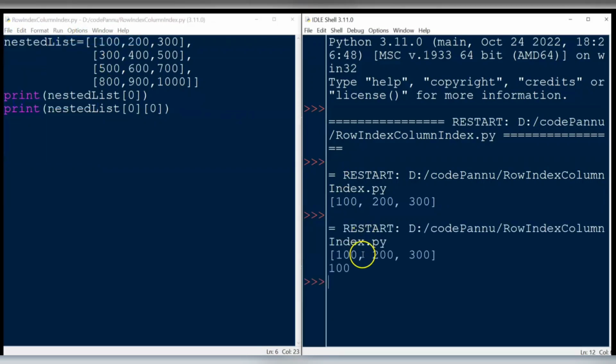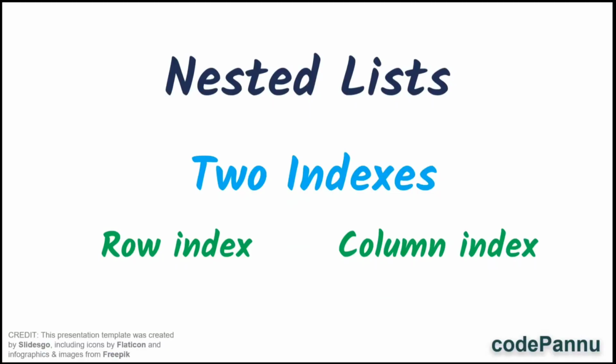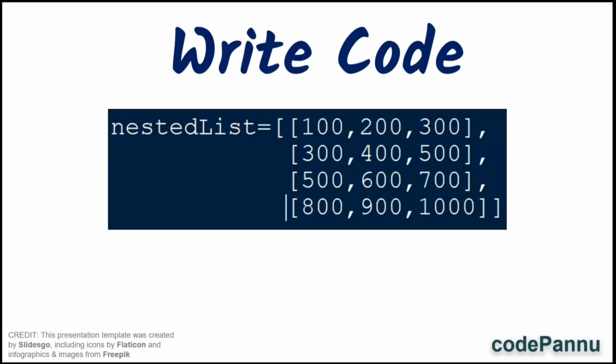Can you see that the first print statement printed the complete row, but the second statement printed only the first item from the row, which is 100. Because the row index number 0 takes the first row and the column index number 0 takes the first item from the first row. So, every item in our nested list will have a row index number and also a column index number. Let us write code to get other items from our nested list.